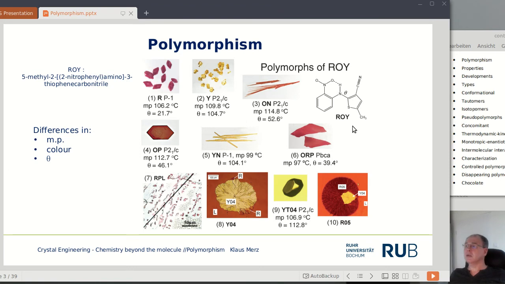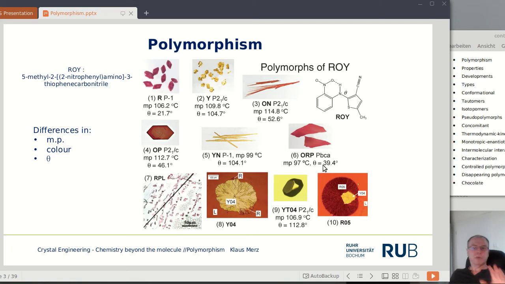And the angle is in the range from around 20 degrees up to 112 degrees. A nice example of how the molecular arrangement can have an impact on the properties.